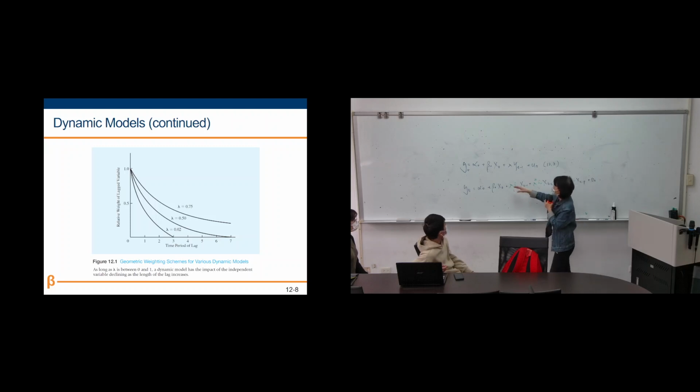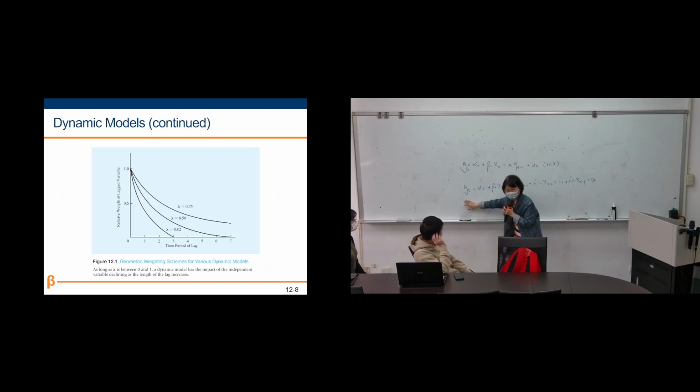Because if xt is the advertisement and yt is the sales, the current advertisement, beta 0, affects yt. But this one is the previous advertisement, and according to the real situation, the previous periods will have less effect than the current sales. So theoretically, this one is smaller than this one.